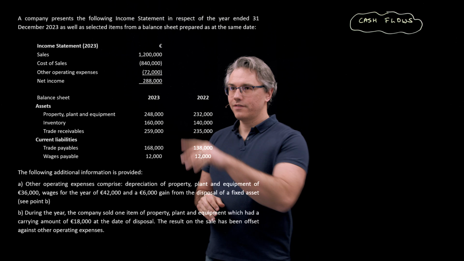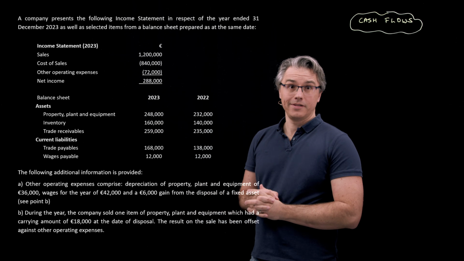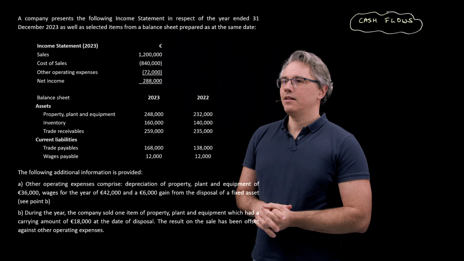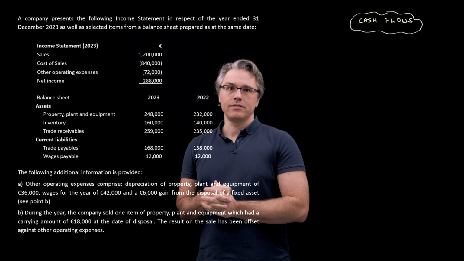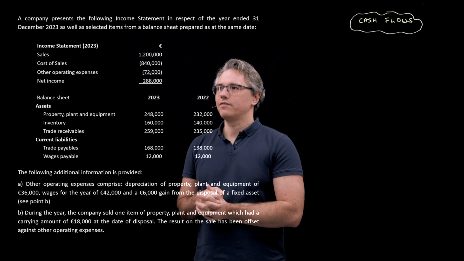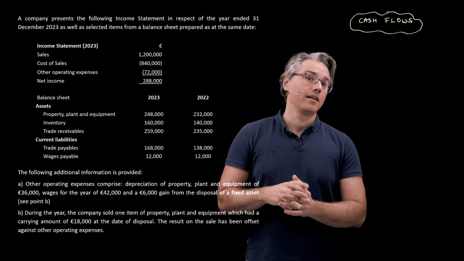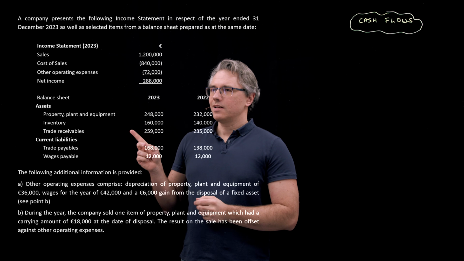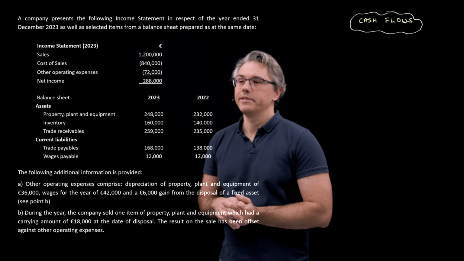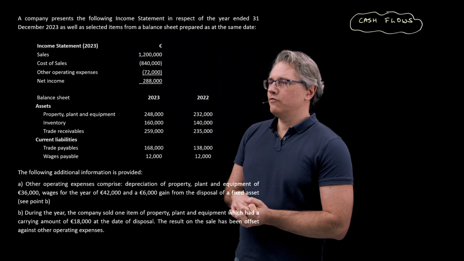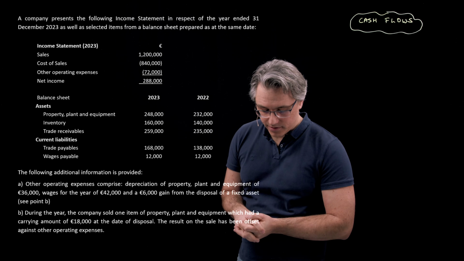And we've got the 2023 income statement culminating in a position called net income, so net profit, and then selected items from the balance sheet for the year ended 31st of December 2023, and 31st of December 2022, a set of comparable figures. Selected items from assets, selected items from current liabilities, and then additional information concerning the composition of other operating expenses.